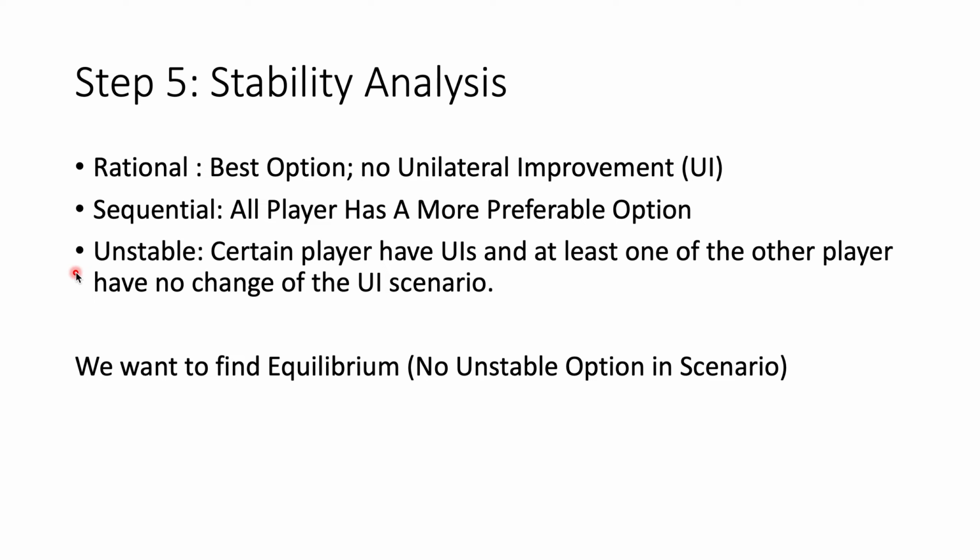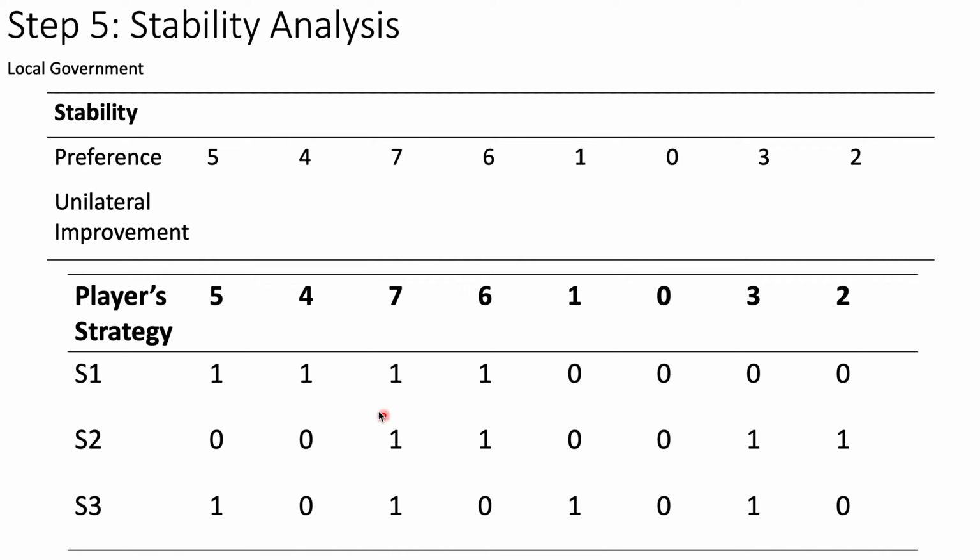The point is, on step 5, we want to find the equilibrium. The equilibrium should consist of a combination of rational and sequential choices. There should be no unstable option in an equilibrium. So here we look back from the local government's perspective.